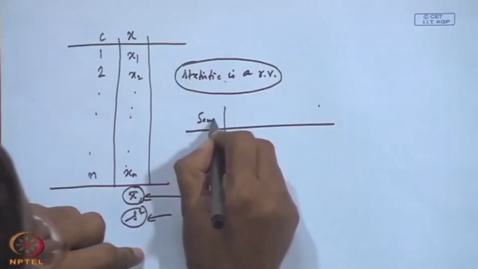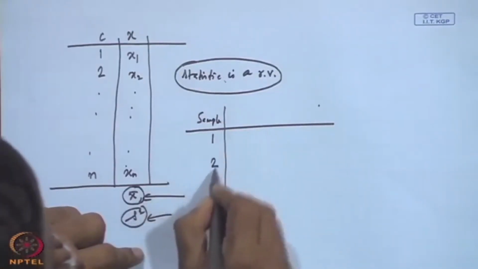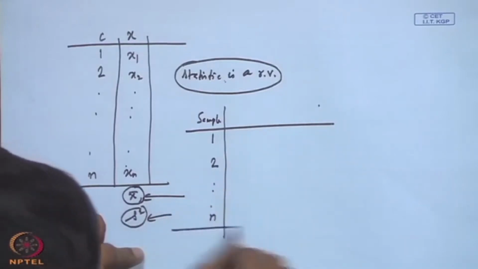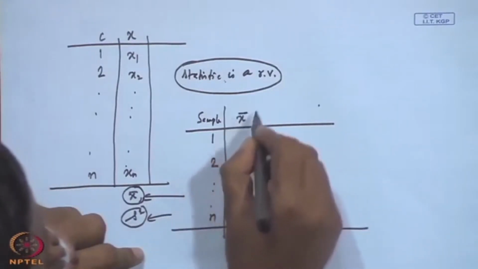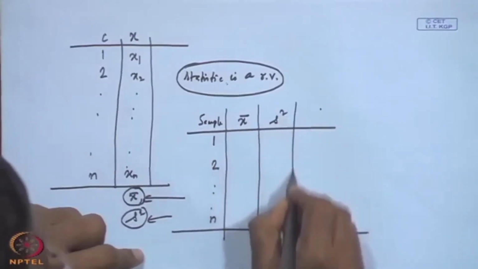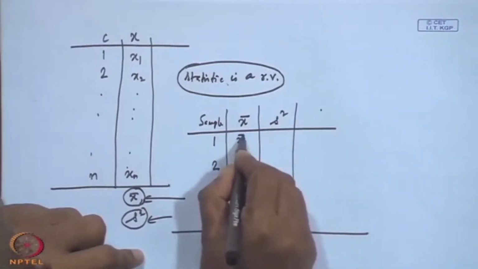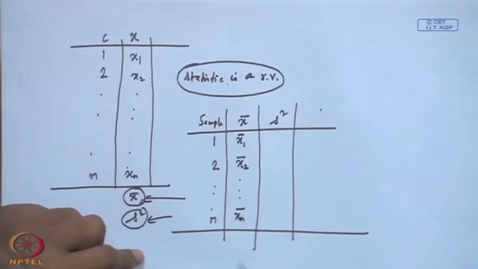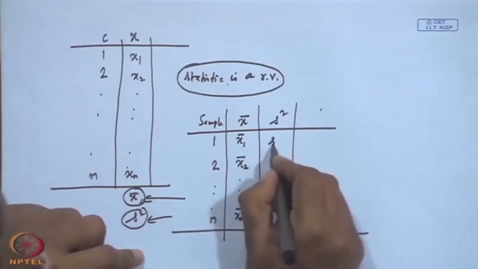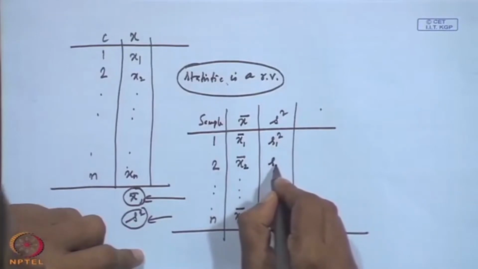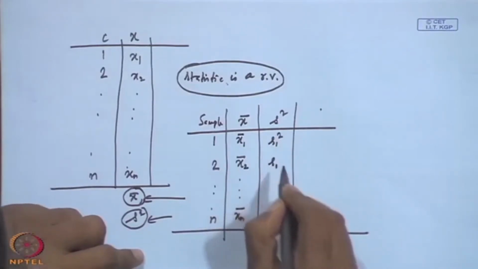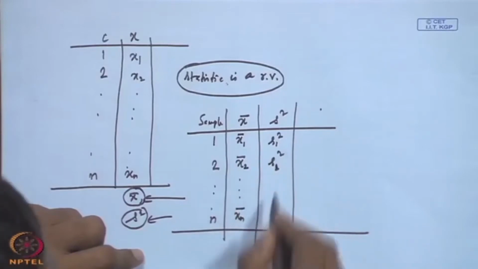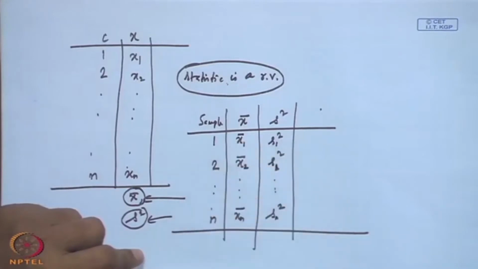Suppose I say sample 1, sample 2, up to sample n, and you calculate the mean and variance: x1 bar is the first sample mean, x2 bar is the second sample mean, like this xn bar is the nth sample mean. s1 square is the first sample variance, s2 square is the second sample variance, like this the variance sn square. Now, as these are not the same value, what will happen?